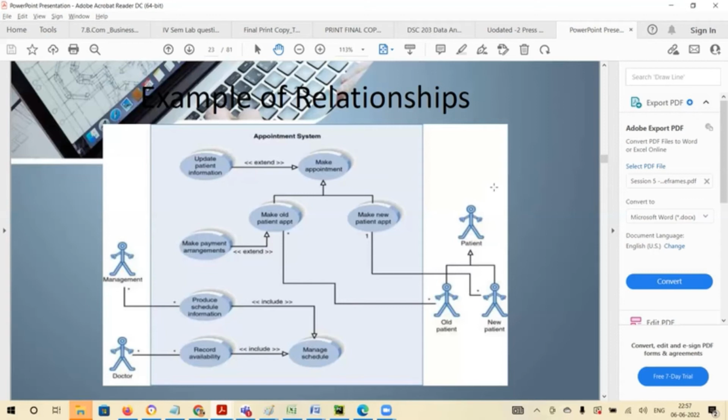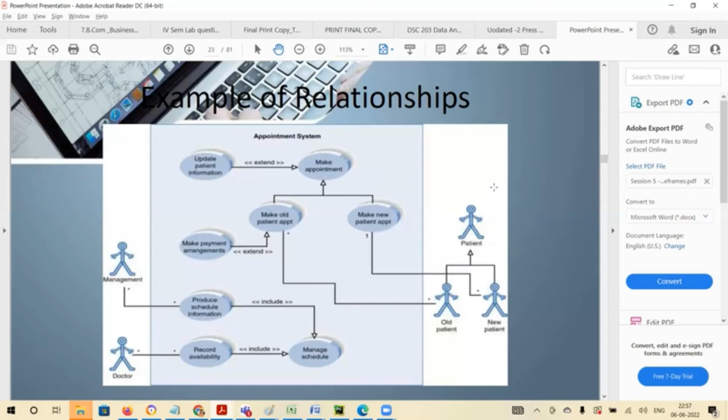For the old patient, it is make old patient appointment, and then it is summarized to make appointment. Then the management works on scheduling the information, and with the doctor's availability, the appointment is scheduled.